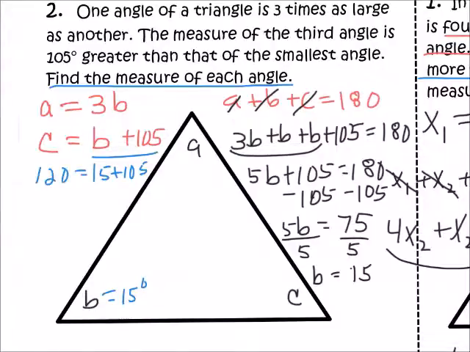And then we also know that A equals 3 times B, so since B is 15, 3 times B is 45. If we were to add all of these numbers up, we would find out that they do indeed add up to be 180 degrees.